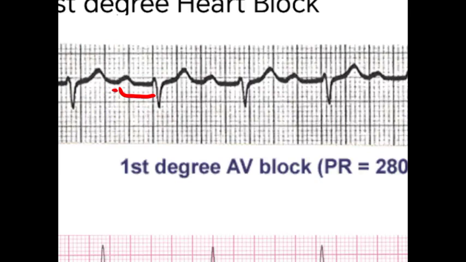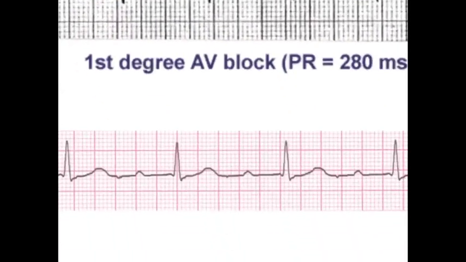This is what's called first degree AV block. The same here, in the other example, from here up to here, it's almost equal to a big square.